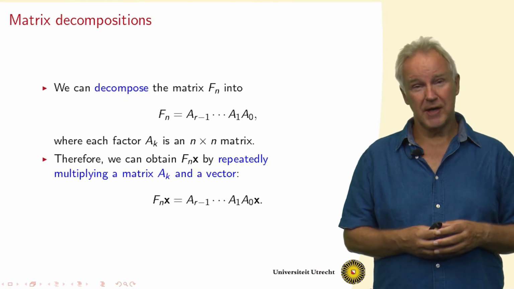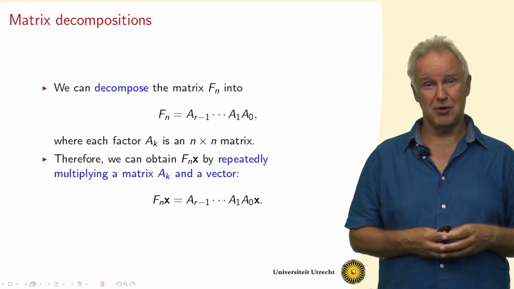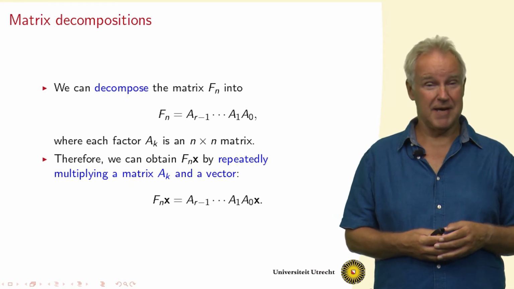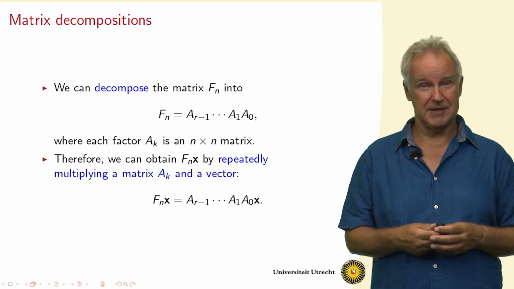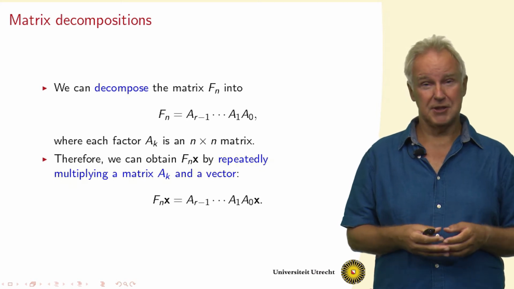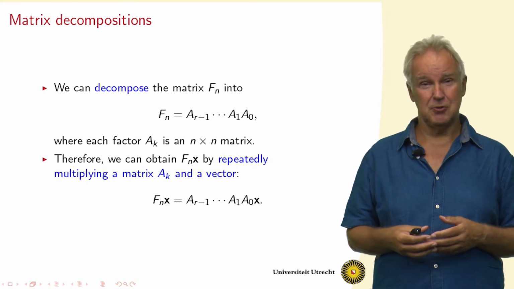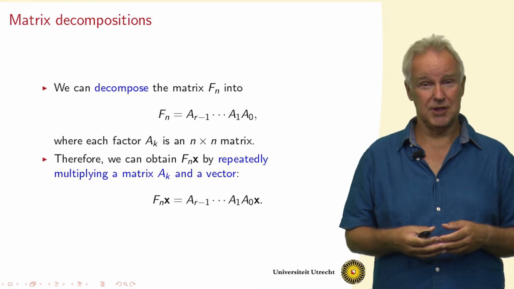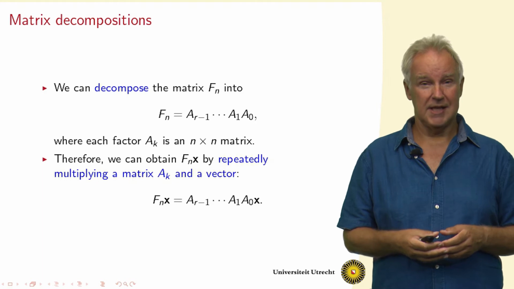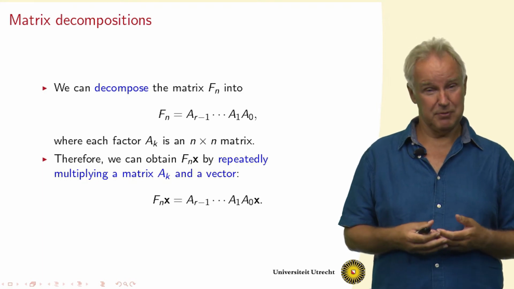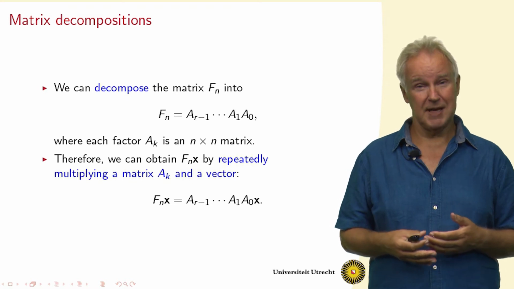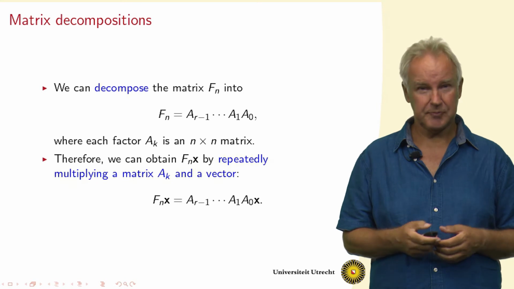So we're going to look at the Fourier transform in matrix terms, and having the matrix Fn, the Fourier matrix, assume that we can decompose it into a product of matrices A0 to AR. Then if we have that, we can perform the Fourier transform by multiplying each time a matrix AI with a vector x.